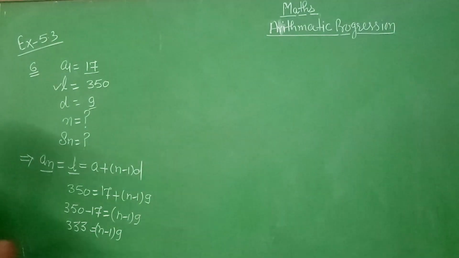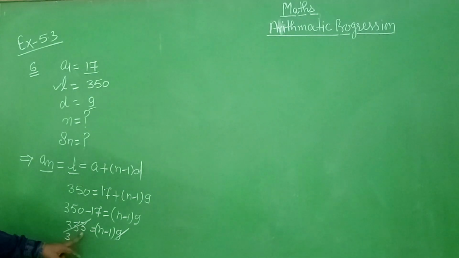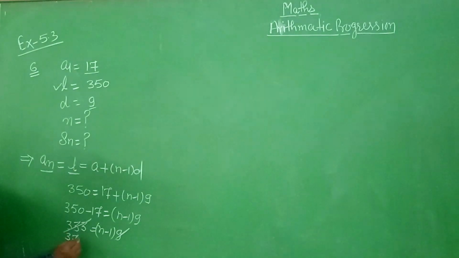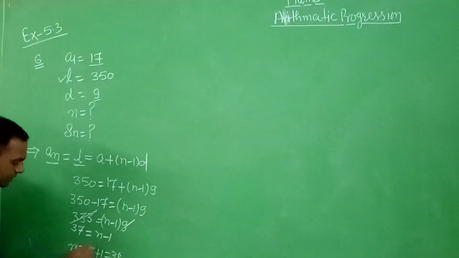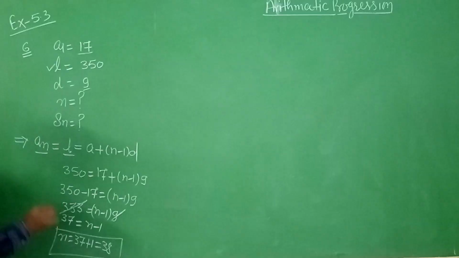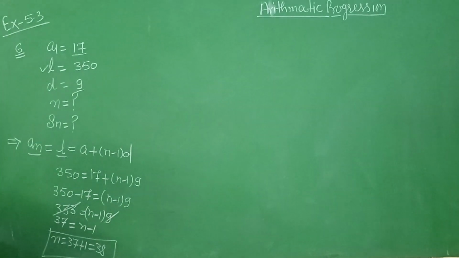You divide 333 by 9. 9 3s are 27, 33 minus 27 is 6, and with the 3 it is 63. 9 7s are 63, so 37 is equal to n minus 1, so n is equal to 37 plus 1, which is 38. So your first answer: n is equal to 38.